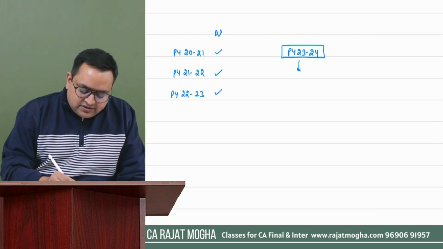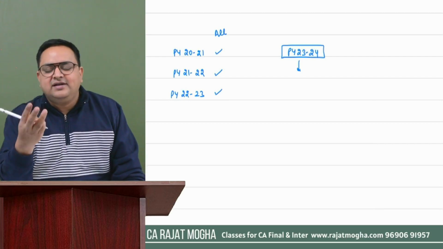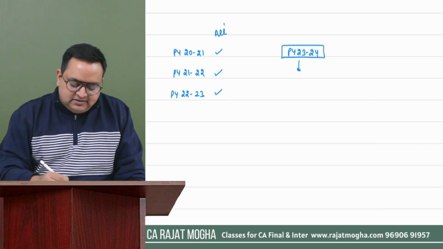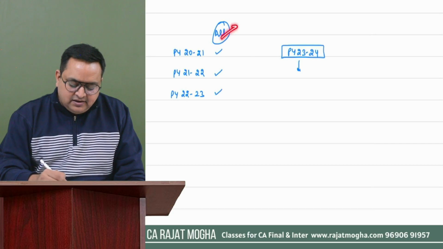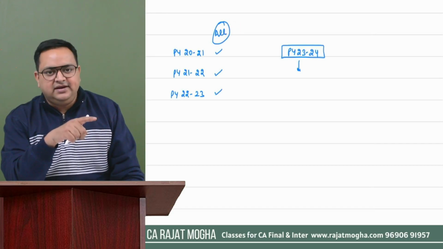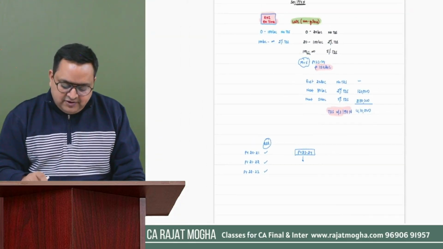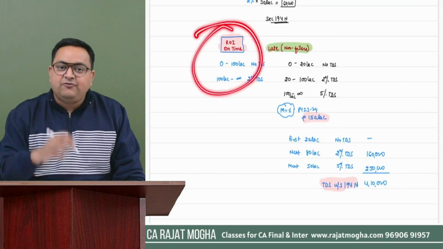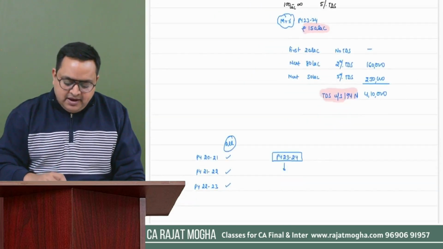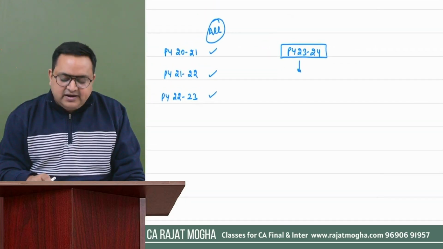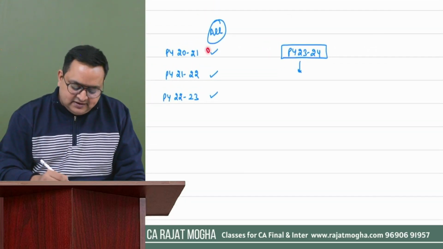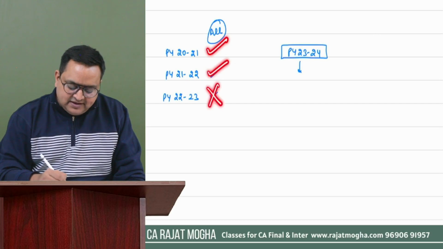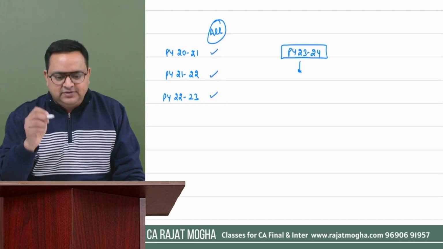That is, all three returns are filed on time, then this person will be considered to be in the filers category, 100 lakh category, right? So we will put this person in this category if all three returns are filed on time. But if any year's return is not filed on time, let's say this year is filed on time, this year is filed on time, but this year is not filed on time, or any of them.